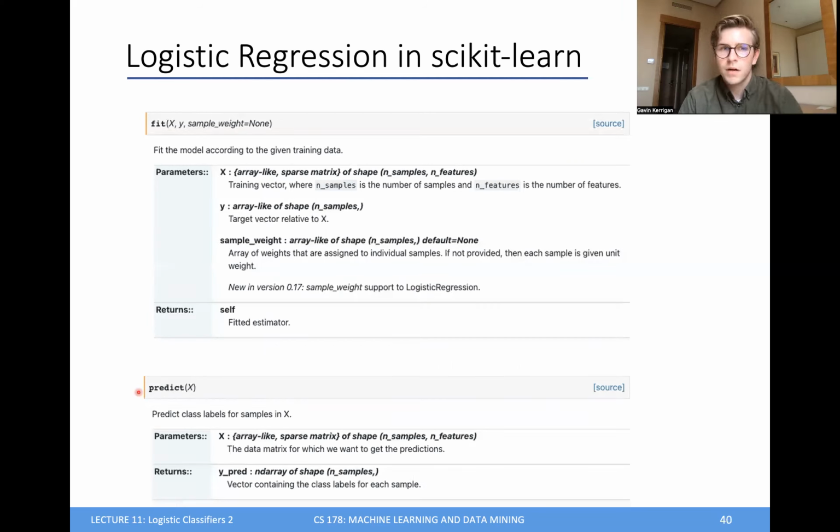So again, the logistic model predicts probabilities, but if you use this predict function, it'll take those predicted probabilities, threshold them, and use that to produce either zeros or ones. So actually predicting class labels.